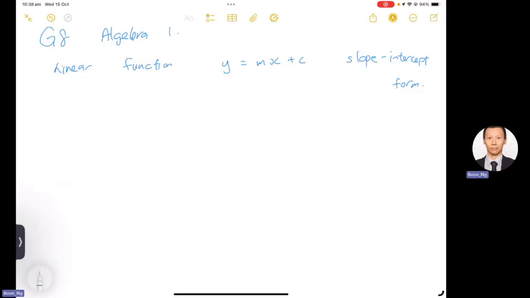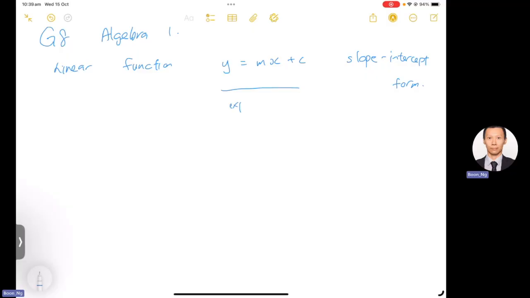In this lesson, we will be learning about linear functions. This is the first time we see this. This is a linear function. How do you identify if a function is linear?